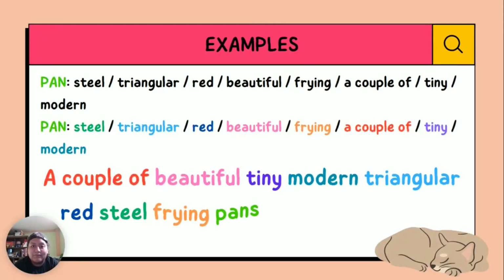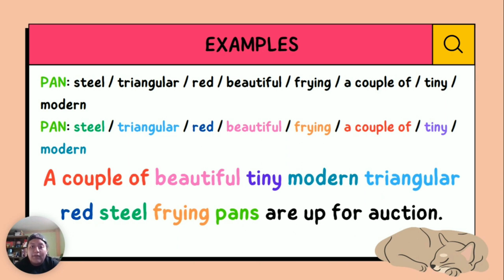Next example. Here we have an example with all the categories, but a sentence with so many adjectives is not common. I just want to show you this example to practice the order of each adjective.